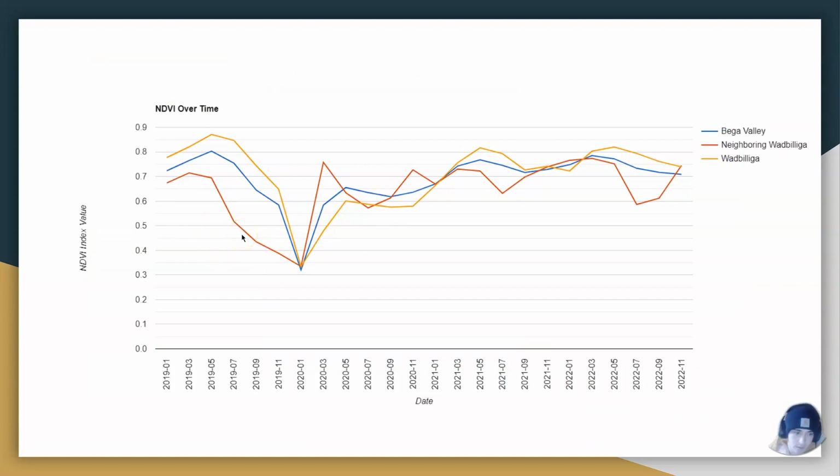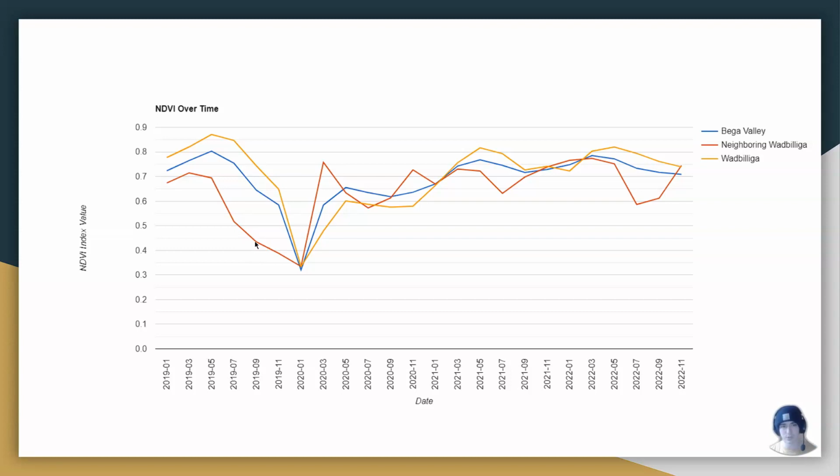The fires really happen from September to January for Bega Valley as a whole. So essentially right here the fires start happening. NDVI honestly doesn't do the greatest job at showing this, but I'll point it out now and talk about it more when we're looking at EVI and NBR.